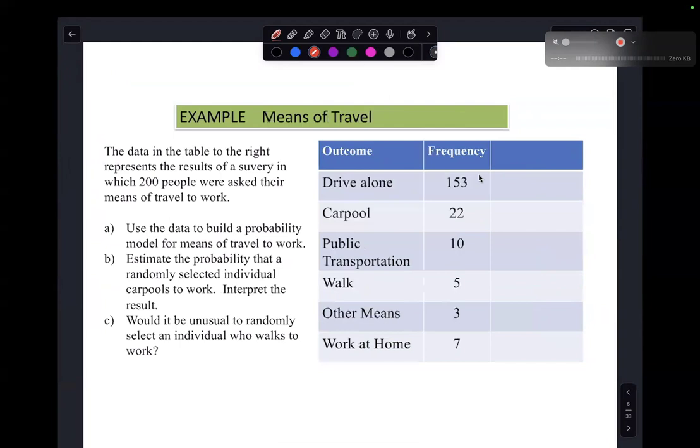All right. So once again, we have a frequency table here. 200 people were asked their means of travel to work. I would like you to make a probability model for this one.